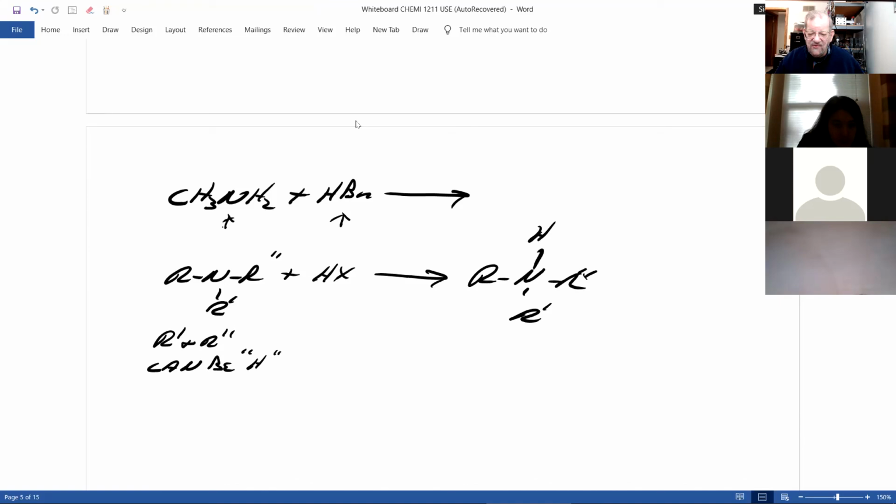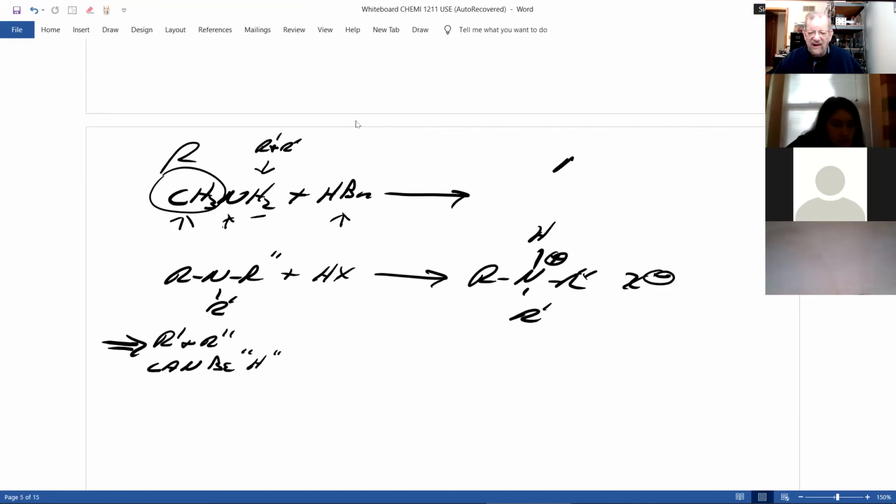This has a hydrogen, now has a plus charge, and you'll have an anion. And here, what's our methyl? What's our R prime and our R double prime? Hydrogen, which it can be.